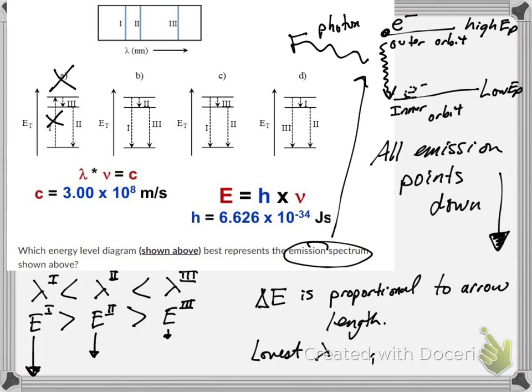Okay, so the lowest lambda is the longest arrow and the highest energy. Okay, so what does that mean? That means E1 has to have the longest arrow and E3 the shortest, and the one that represents that best is C.